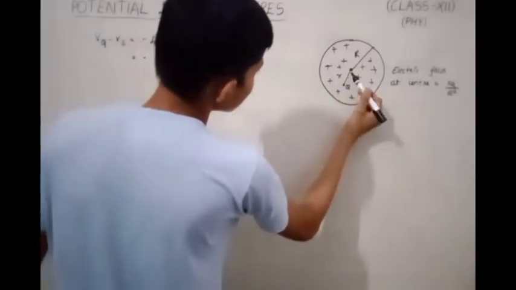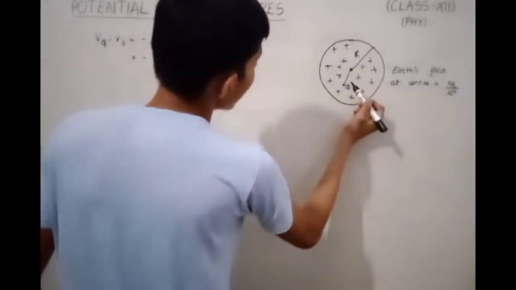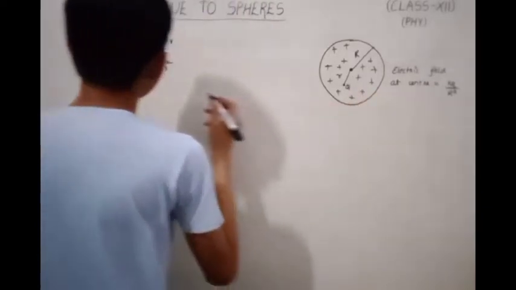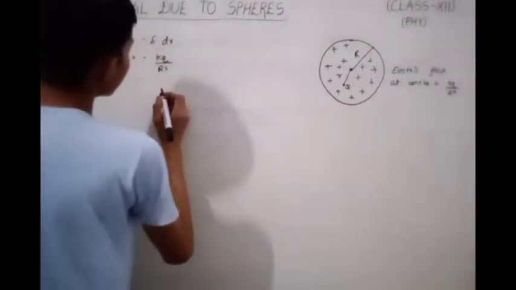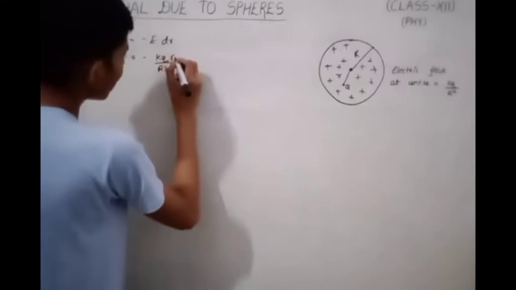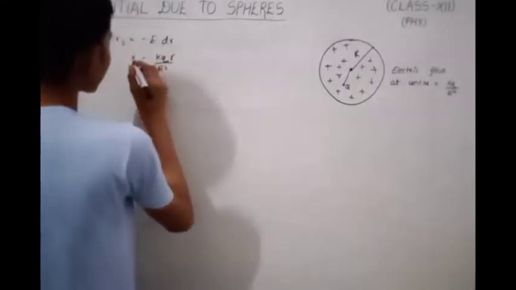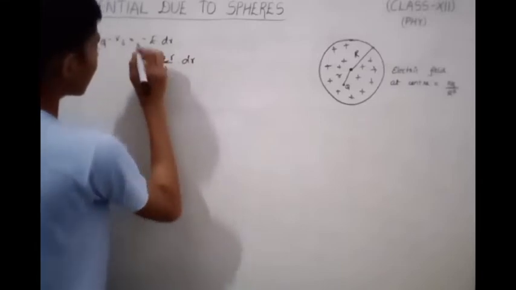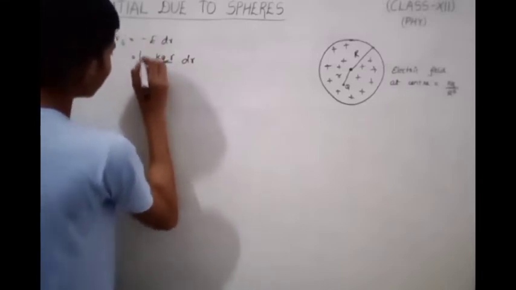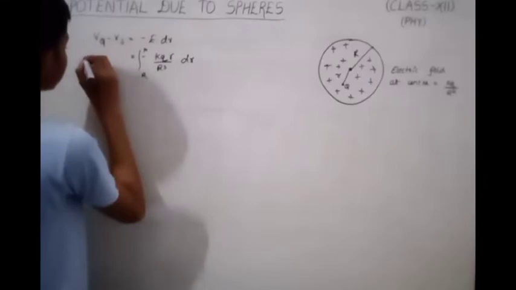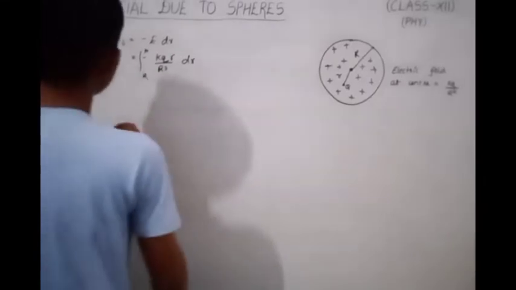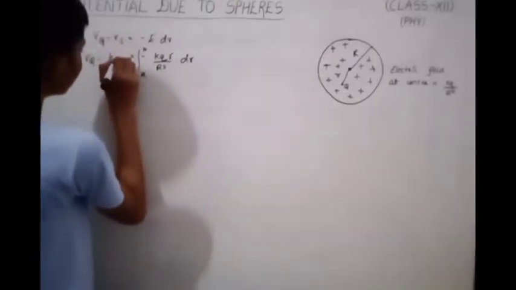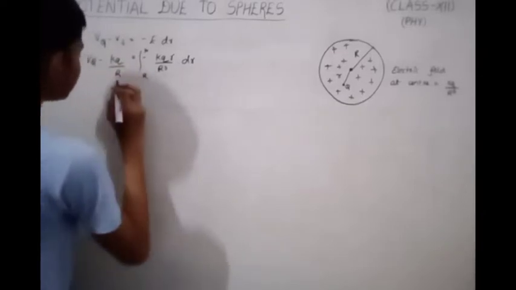The electric field at distance r becomes kqr divided by R cube dot dr, integrated from capital R to small r.